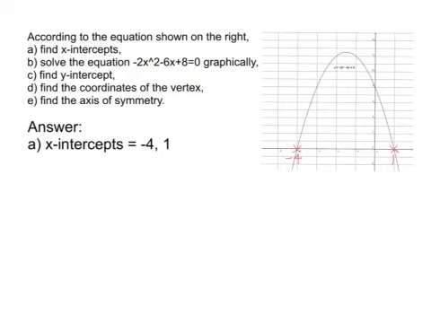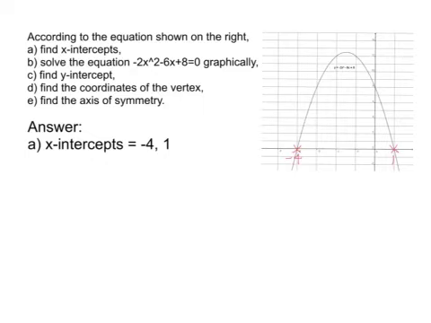As you can see, the left side is exactly the same as the function of this graph, and I want to set this equal to 0. What does that mean? It means, which x will give us a y that equals 0.